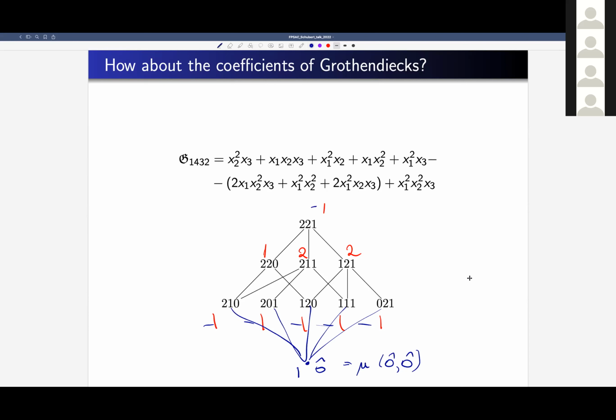And what you get here is that these are the Möbius function values of 0 hat, comma, your element. Now all I did, I took the negative of the Grothendieck. Of course, this kind of manipulation or hope that this will be the Möbius function only makes sense if your Schubert polynomial was 0, 1, because if you have any 2's here and you connect the minimal element, like forget it, right?